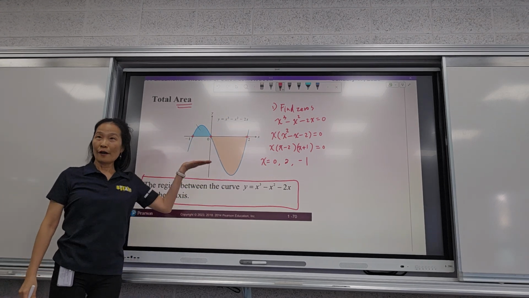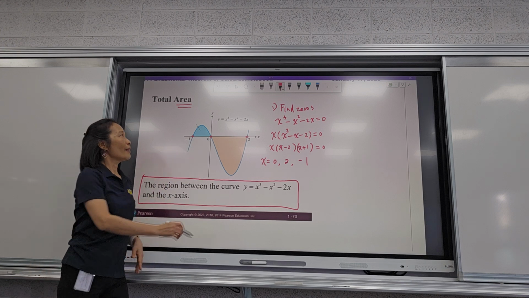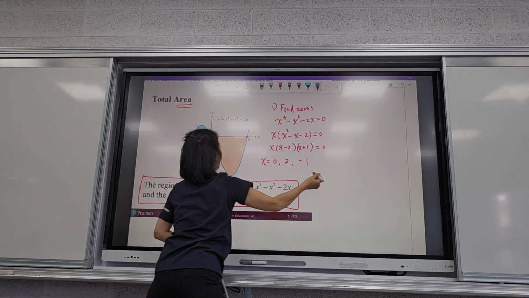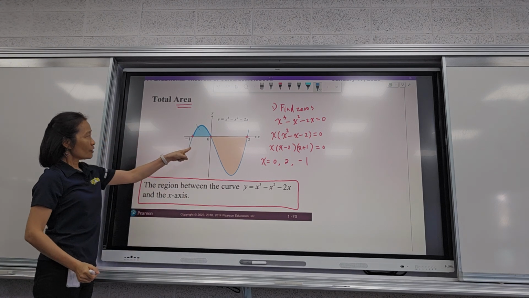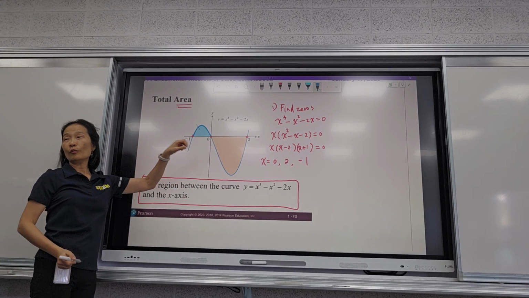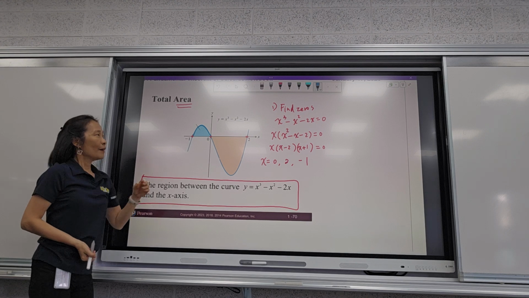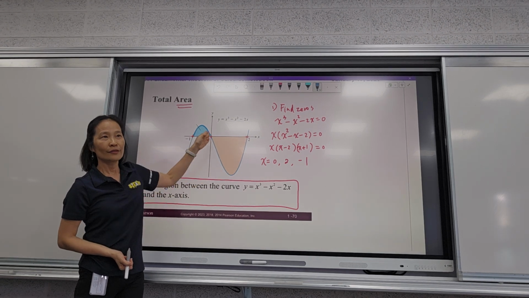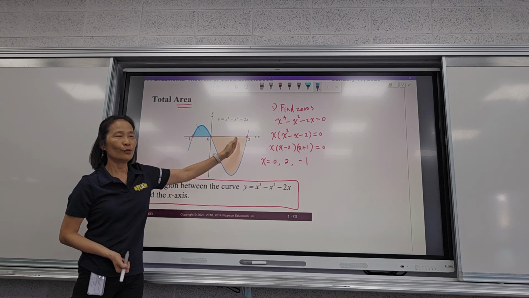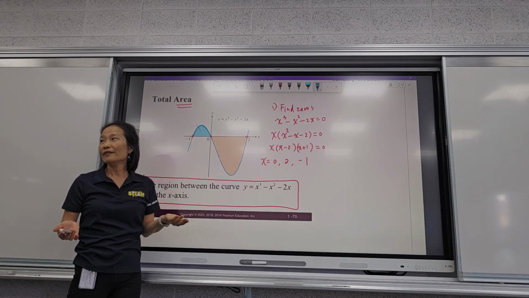So once you have your graph, it's obvious this part of the graph is above x-axis. So when I find integral from negative 1 to 0, it will be positive. But 0 to 2, graph is negative. So if I integrate 0 to 2, I become negative.